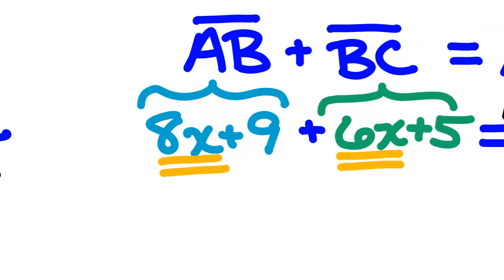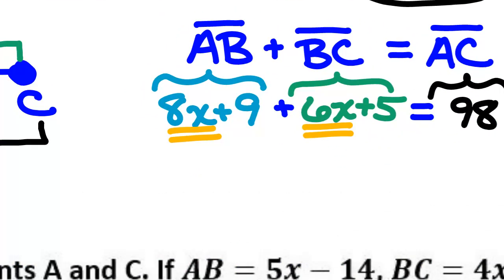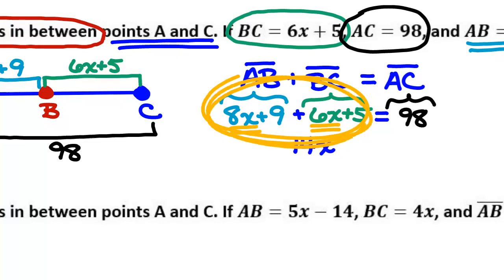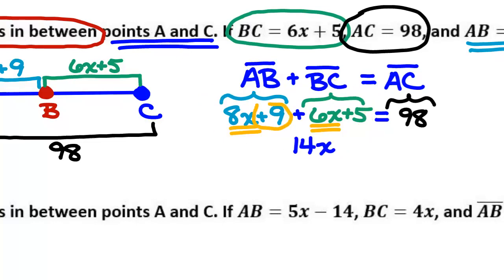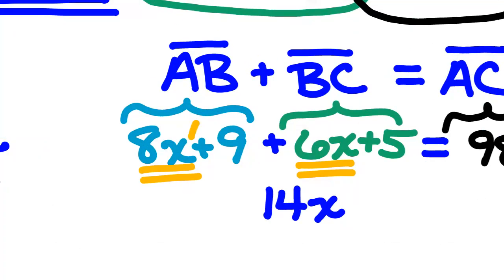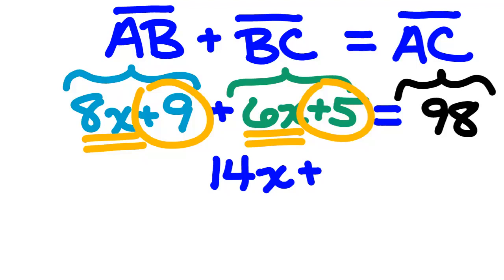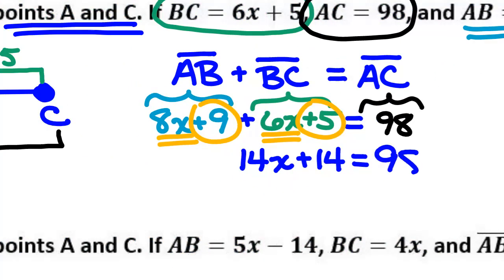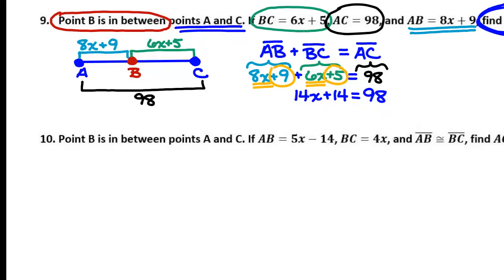What do I get when I combine those two together? 14x. Are there any other like terms over here that I should put together? 9 and 5, which is 14. I would like you guys to finish solving this for x, and we'll check back in here in just a second.